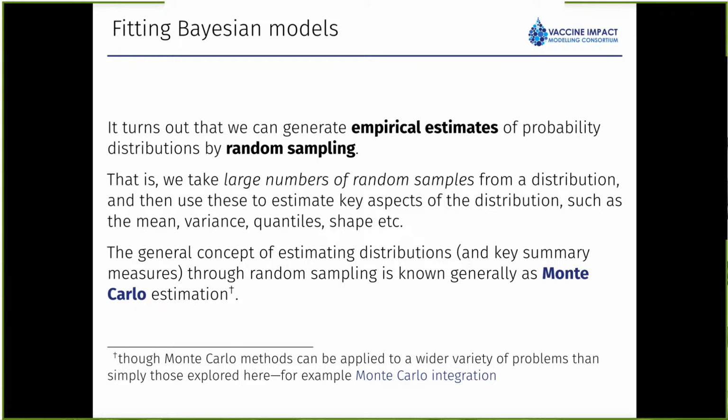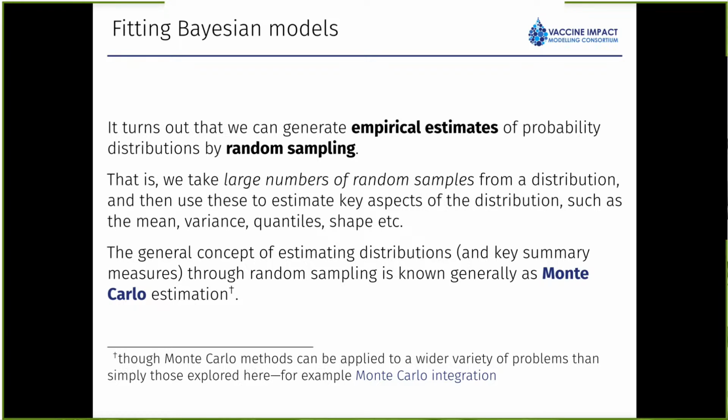And so this general concept of estimating distributions or summary measures of distributions using random sampling is what's colloquially called Monte Carlo estimation, right? And I'm sure that many of you will have heard of Monte Carlo estimation in one way or another, okay? And I would say that Monte Carlo estimation is very general.